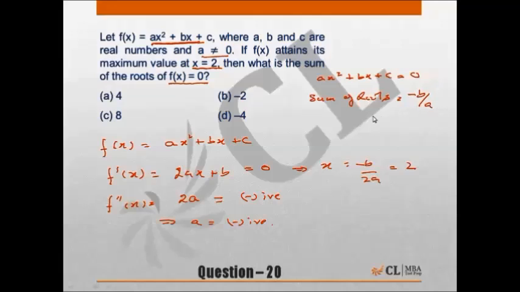So the sum of roots is there, and we know that minus b upon 2a is equal to 2. This implies minus b upon a should be equal to 4. So the correct answer is choice A, 4. This was obviously a round 1 question purely because it's a simple question of quadratic equations.